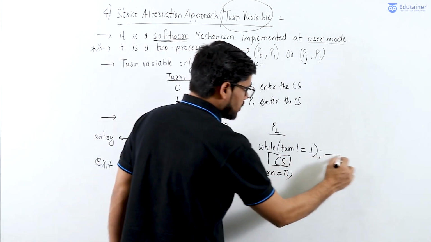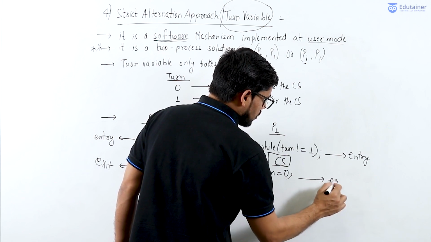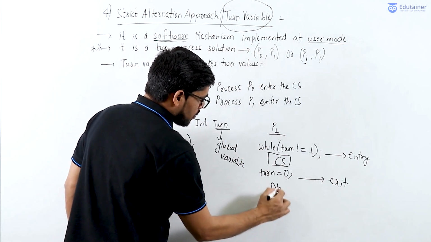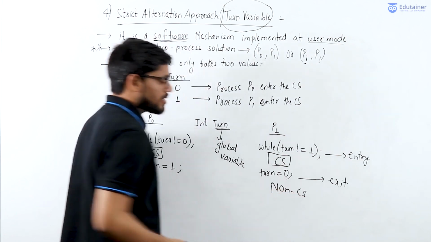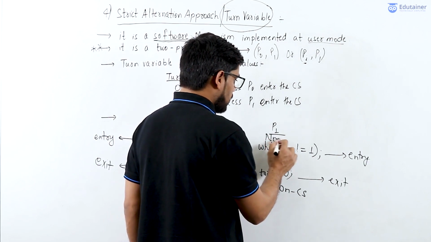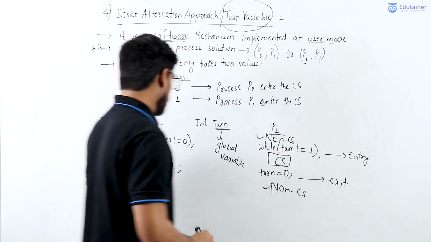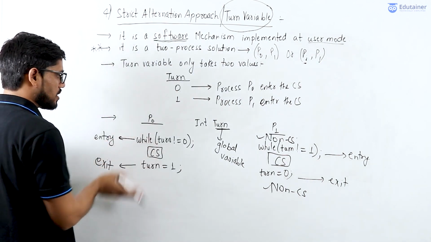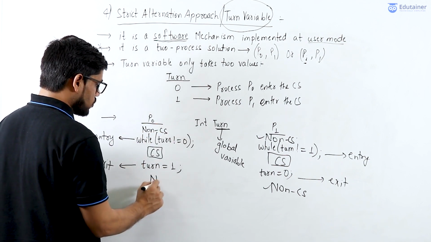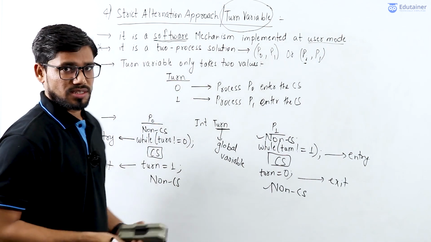Similarly, in process P1, this is entry section and this is exit section, and before and after the entry and exit section there is non-critical section. Okay, non-critical section means no shared resources are available here, so only P1 process can have the right to execute the non-critical section. Similarly, before and after this critical section in P0 there is non-critical section. Okay, so non-critical section is a common code which is implemented by the individual process.